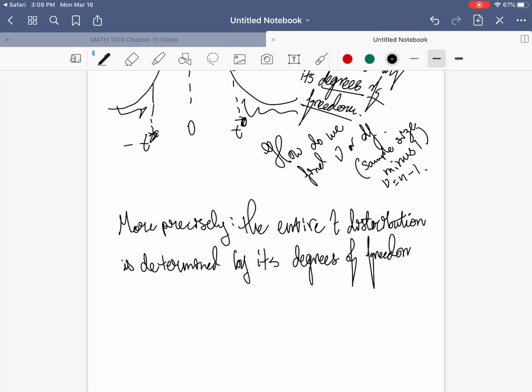That is, we know every single thing we need to know about the t distribution so long as we know the sample size. So, which is n minus 1, where n is the sample size. Okay.